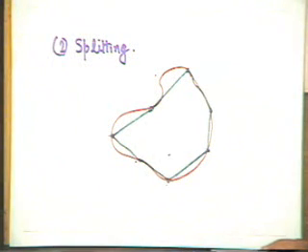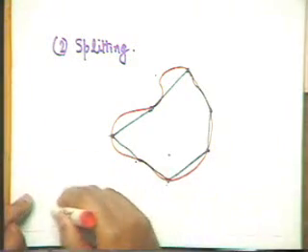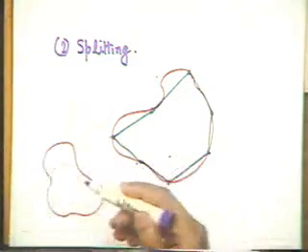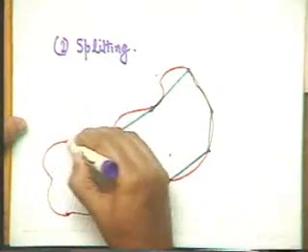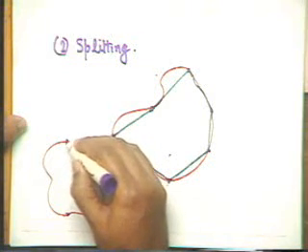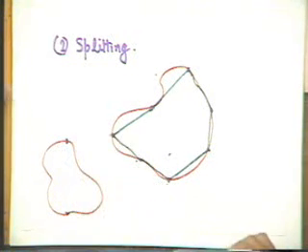Even if you start with a single segment, supposing this is the contour and I start with a segment of this nature, still I can keep on splitting and ultimately obtain a polygonal approximation.